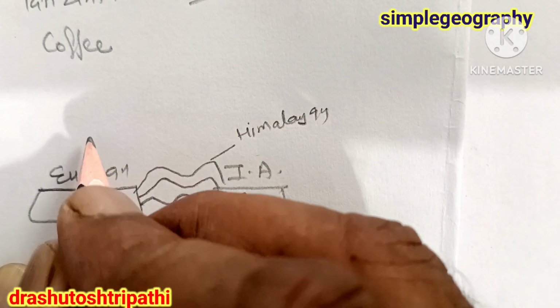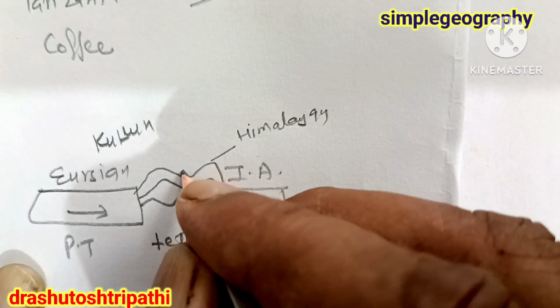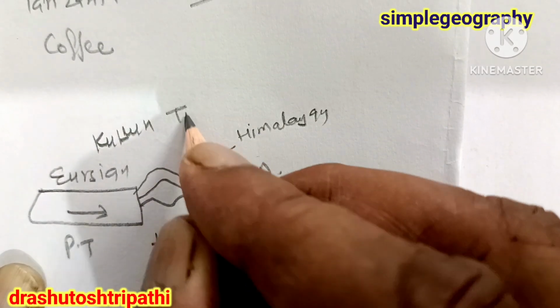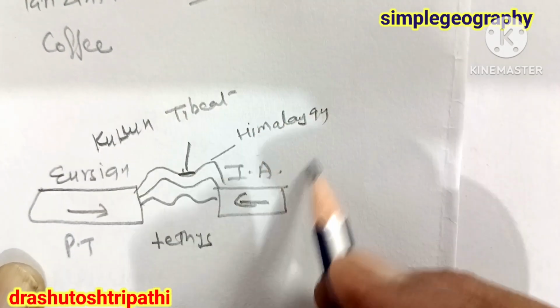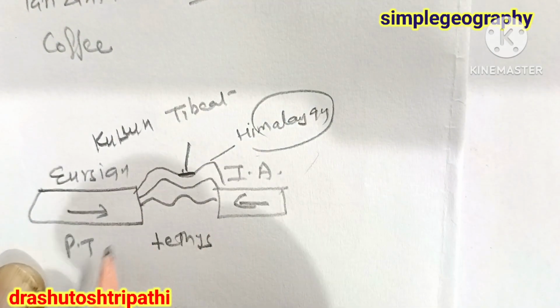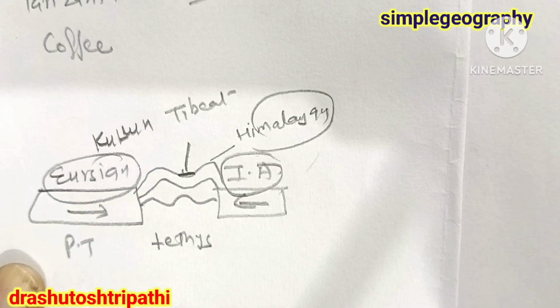On the Chinese side is the mountain known as Kunlun, and the middle part is the Tibetan plateau. This is how the Himalaya was formed, because of the collision of the Indo-Australian plate and the Eurasian plate.